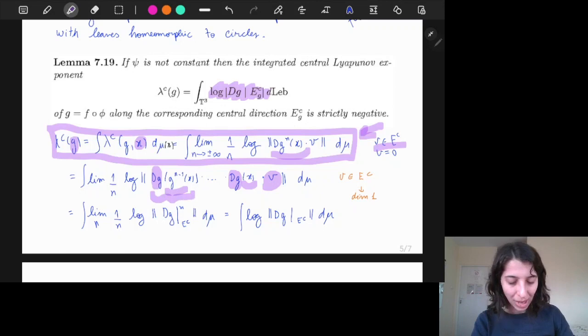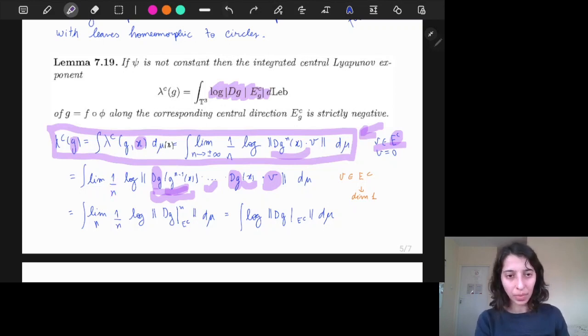This is a linear map, but in particular because E^C has dimension 1, this is multiplying by a constant. So we multiply by a constant here, n times. And v is any vector. Its norm, its absolute value, doesn't matter because we are dividing by n and taking the limit.